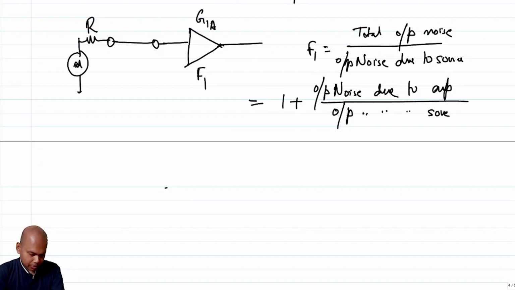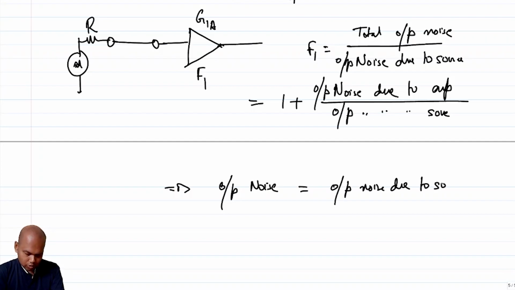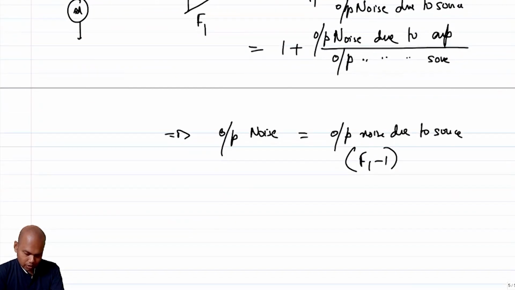Which essentially means that your output noise due to amp is equal to output noise due to source multiplied by F1 minus 1, right?